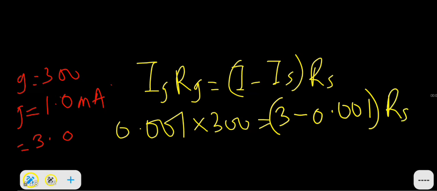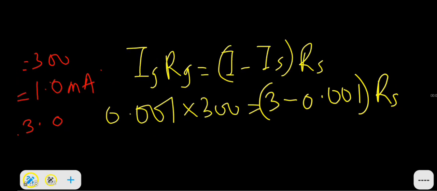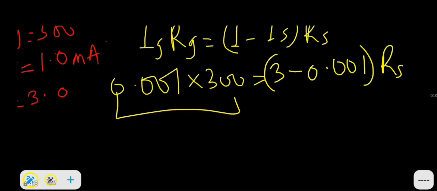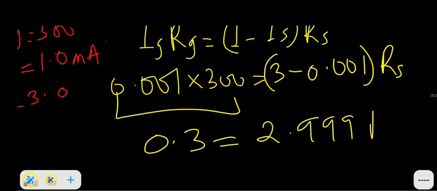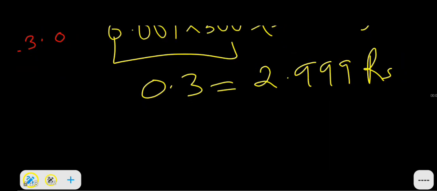So it's RS you are looking for. If you multiply this 0.001 times 300, you will get 0.3, equal to 3 minus 0.001, which will give you 2.999 RS. So next step, divide both sides by 2.999.